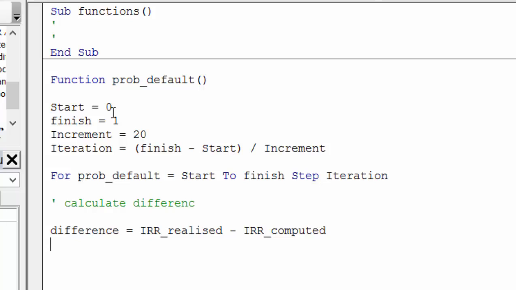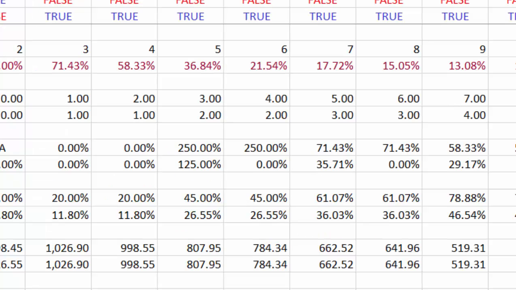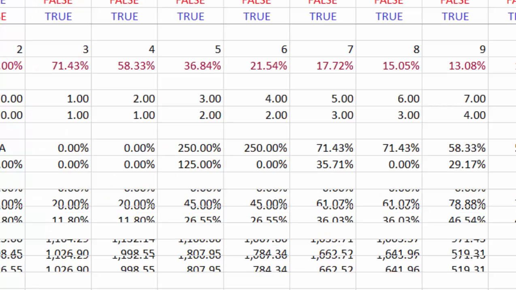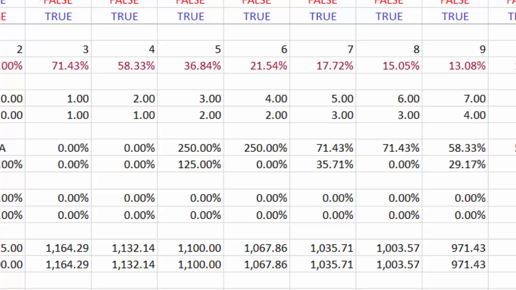Now, no, minus the IRR, the cost of funding. Now I have to remember what I just told you, and we said, well, if we're starting with 0 here, then the difference is positive.